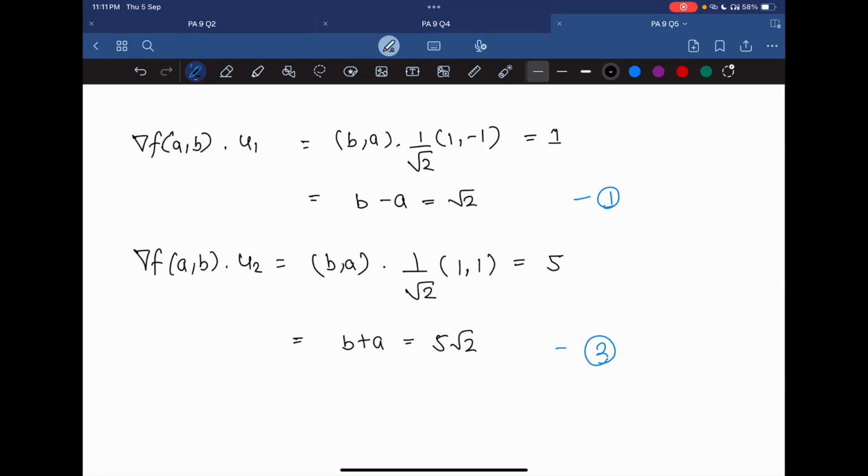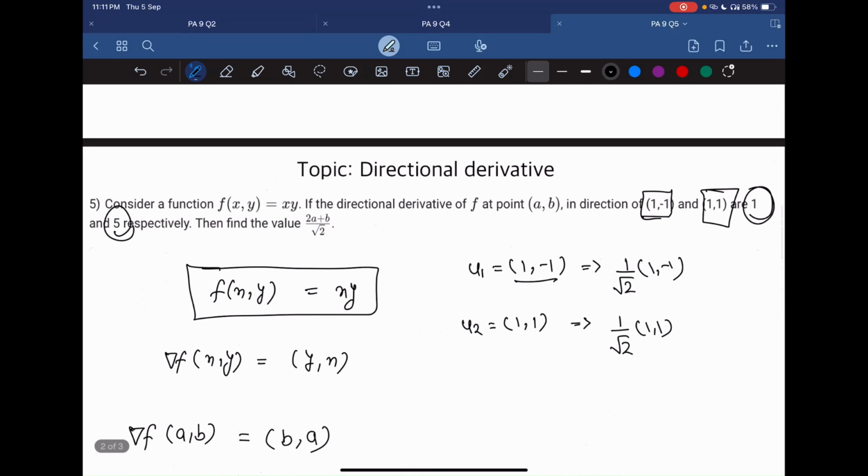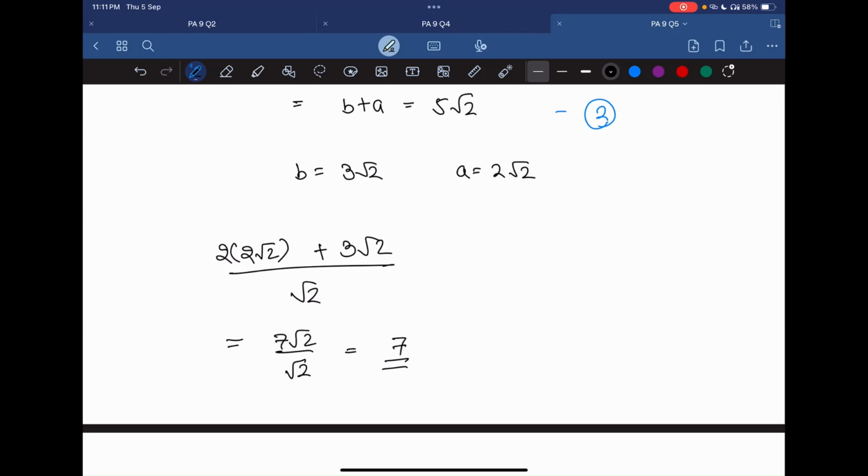If we solve these equations, we will get b equal to 3 root 2 and a equal to 2 root 2. The value asked in the question is (2a plus b) by root 2. So (2 times 2 root 2 plus 3 root 2) by root 2, that is 7 root 2 by root 2, that is 7. And that is our answer.